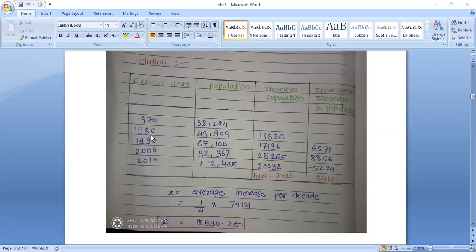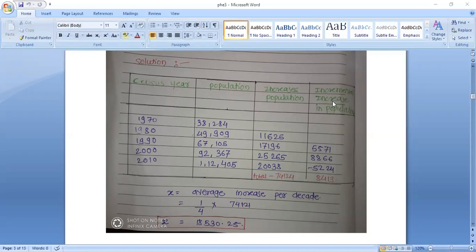Similarly, for 1980, the increase in population is the population of 1980 minus the population of 1970, and the value is 11,625. Now see, for 1970 there is no increase in population because we don't know the population of 1960. Hence, there is no increase in population for 1970.